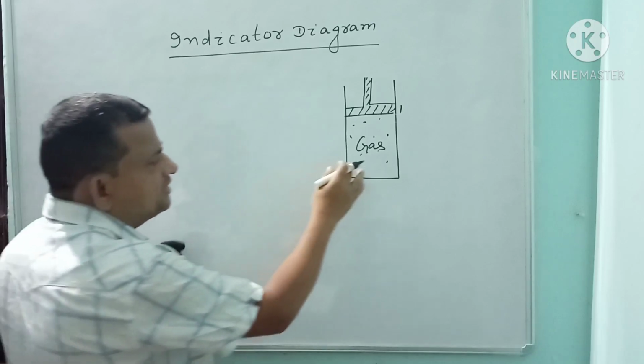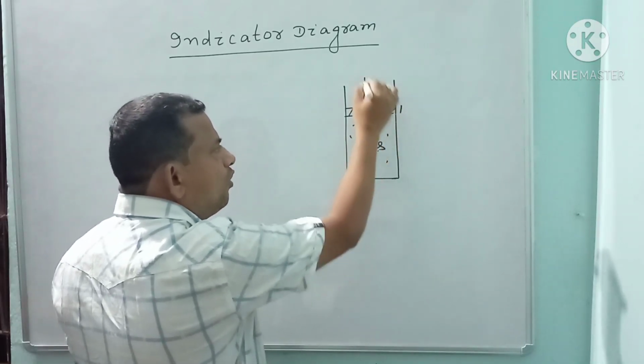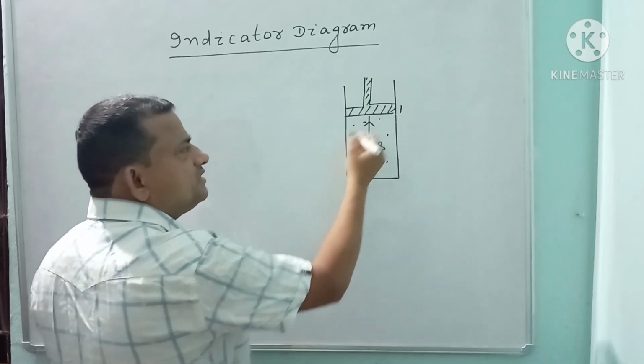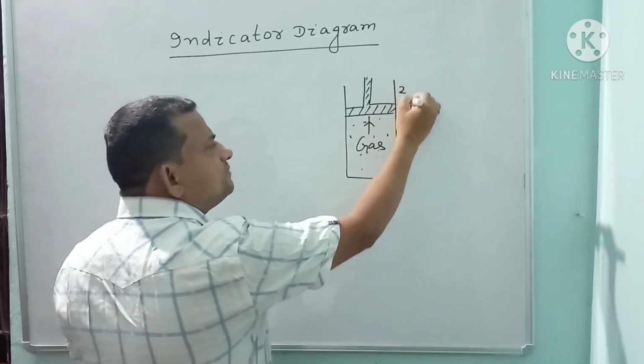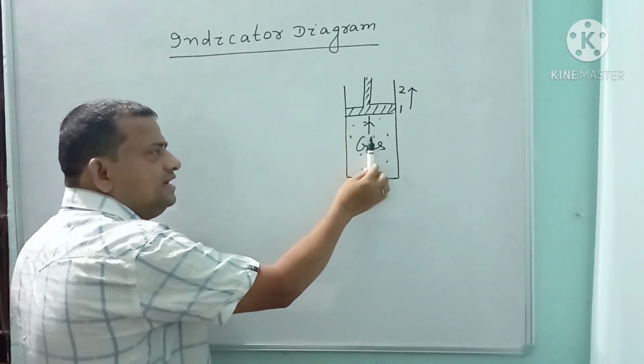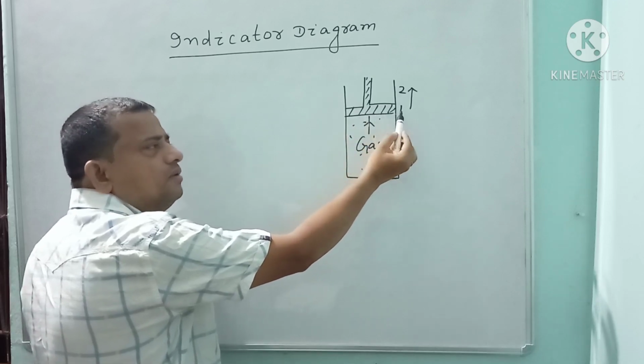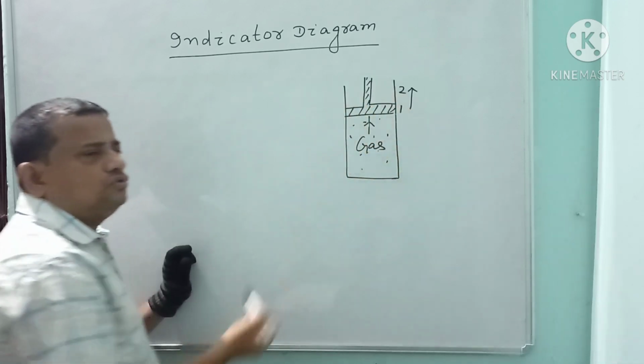So due to this pressure, it exerts force on this piston, and the piston moves from 1 to 2.